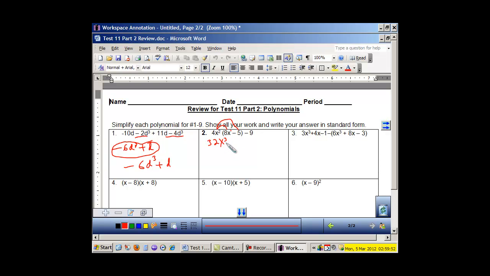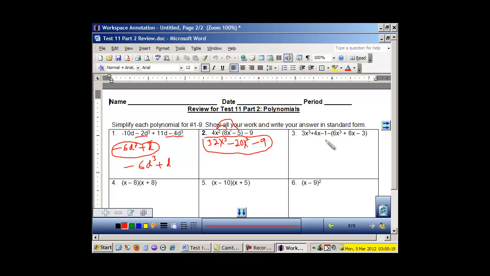So there'll be x to the third. 4x squared times negative 5 is negative 20. And the x squared just comes along, and now on the outside of the parentheses, just bring out your negative 9. And you're done. X to the third, x squared, negative 9, you're done. That's it.